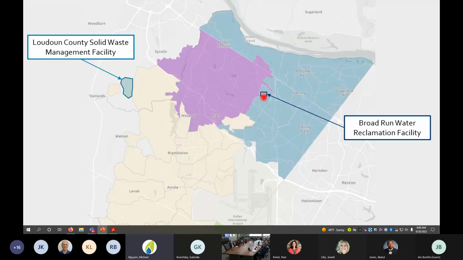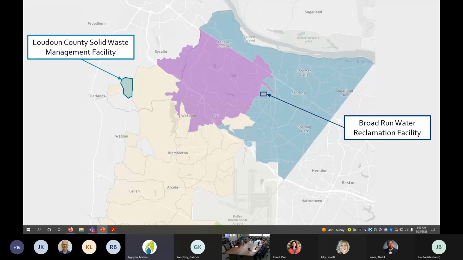Broad Run is located right here. I was also astounded at the difference in size between the landfill and the treatment plant. This purple area is an area where we have options. This flow can be sent either to Broad Run or to the PI, and we are controlling that flow to manage our PI allocation. So if you recall, we can send 13.8 MGD to the PI through our agreement with DC Water.